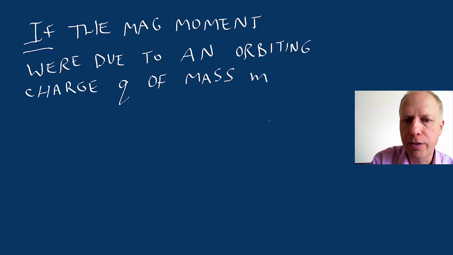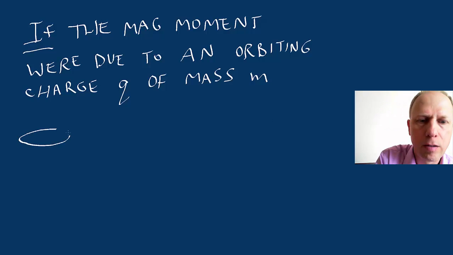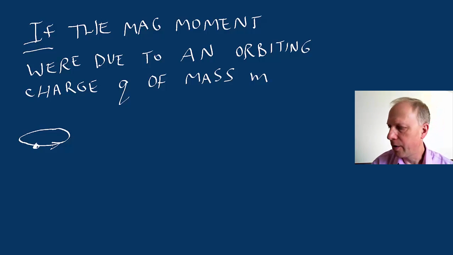so here's a little sketch. There's the particle of mass m moving in a circular orbit. It would make a little current loop.